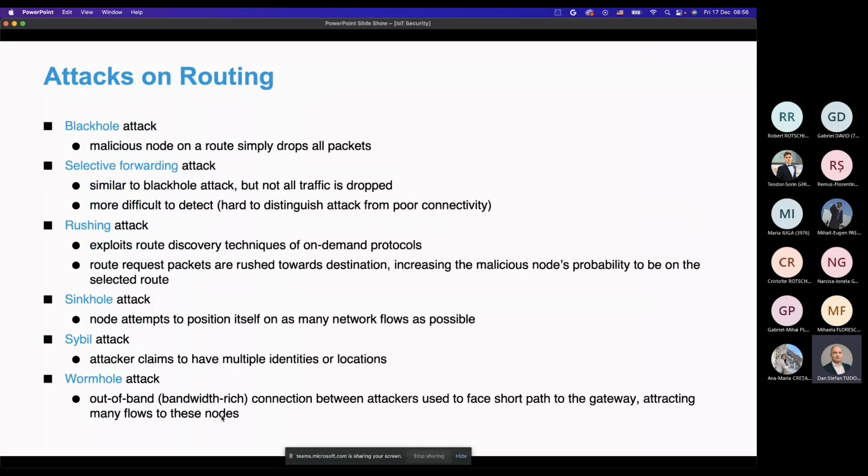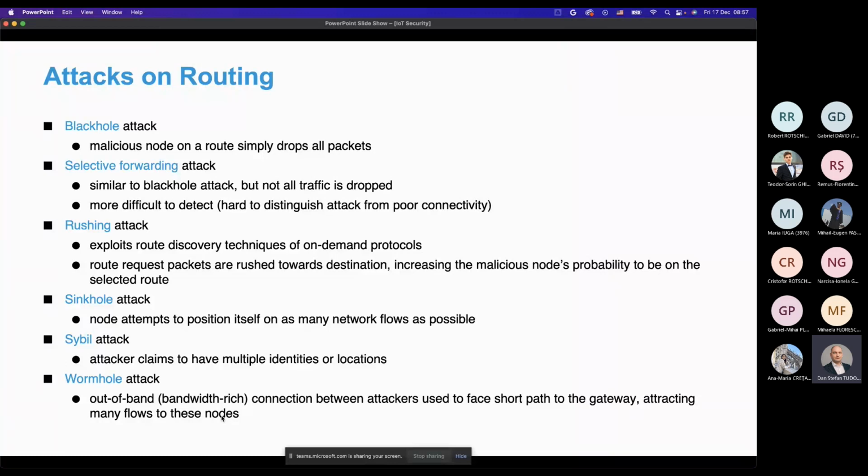So there are also attacks on routing. An example of an attack on routing protocols of sensor networks is the black hole attack. With this type of attack, an adversary can attempt to be a forwarder of data for one or more routes in the network.